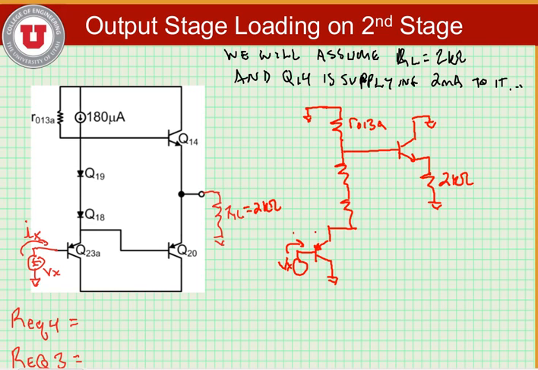We are looking for the equivalent input resistance, Vx over Ix. So ro18 and ro19 are the resistances due to those diodes. And so we could find an equivalent resistance looking into the base of Q14, and then an equivalent resistance looking into the diode connected transistors Q18 and Q19.